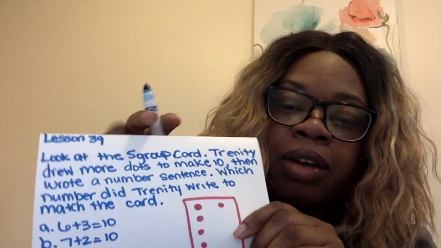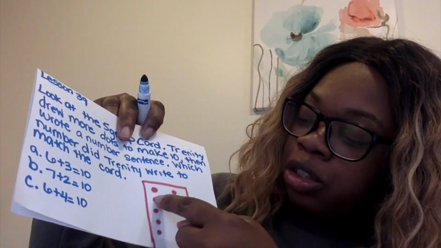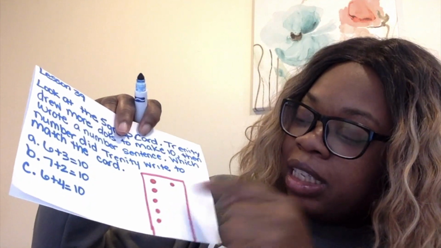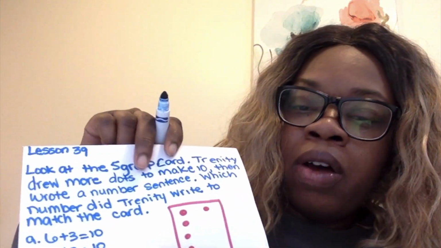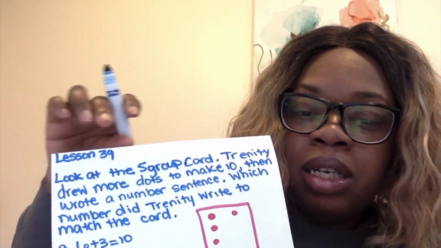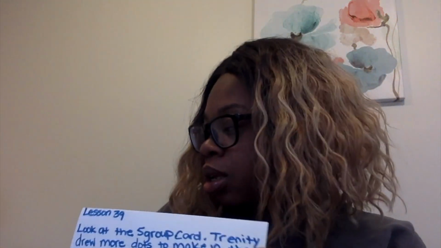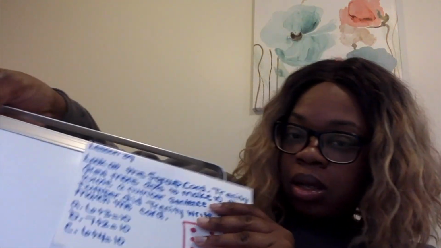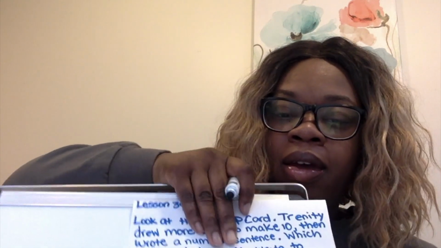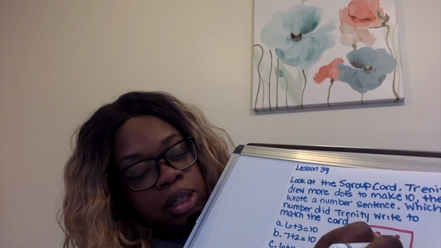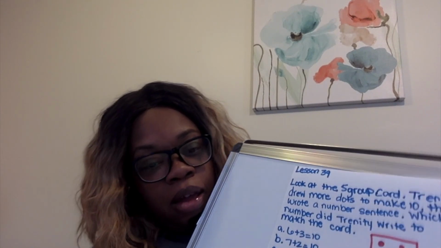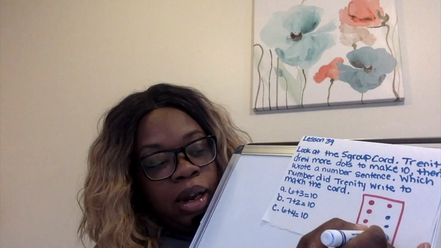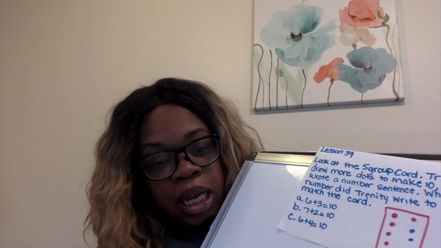All right, guys, let's talk about it. So Trinity had, let's count how many she had. 1, 2, 3, 4, 5, 6. She had 6. We're going to count on so that we get to 10. 7, 8, 9, 10.